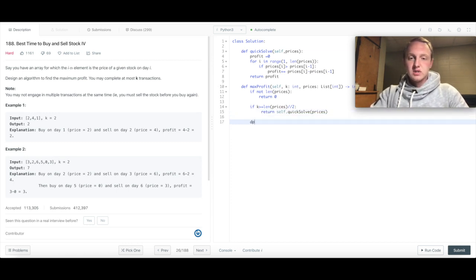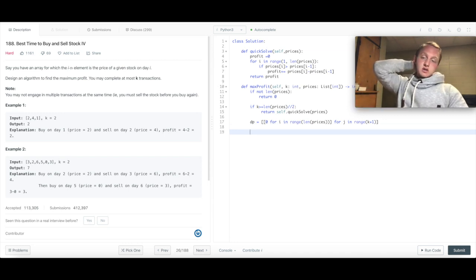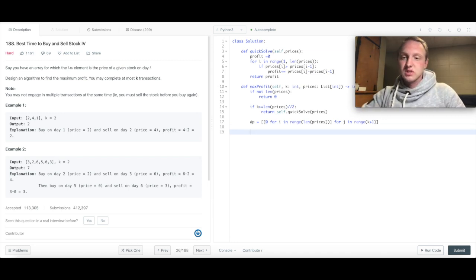Okay, we have this. Then we can go to our dynamic programming solution. We define 0 for i in range lengths of prices, for j in range k plus 1, just because we need to account for when transactions are 0.